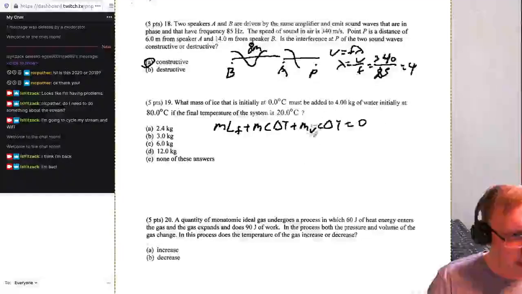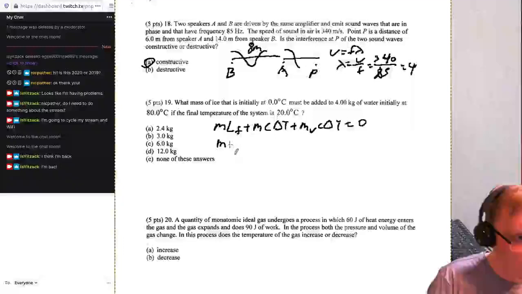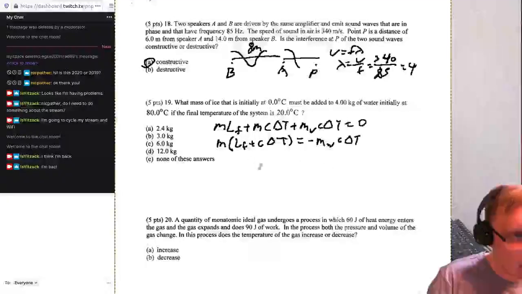So we're decreasing the temperature of that same amount of water. So we end up with m, and then L_F plus c delta T, there we go, is equal to minus m water c delta T.